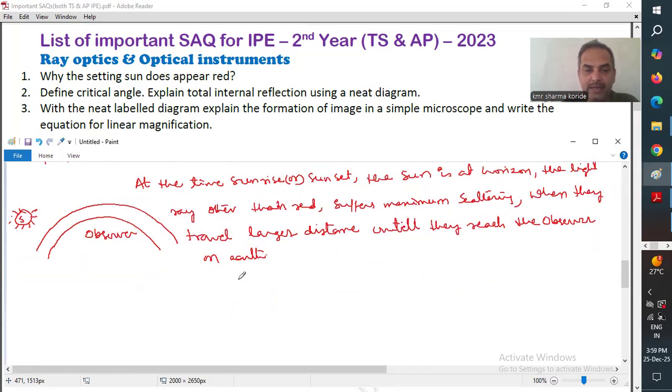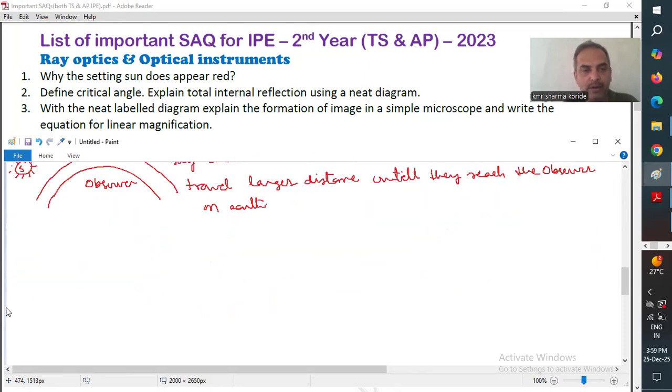As we know, scattering is inversely proportional to the fourth power of wavelength. So the shorter wavelength light scatters more.